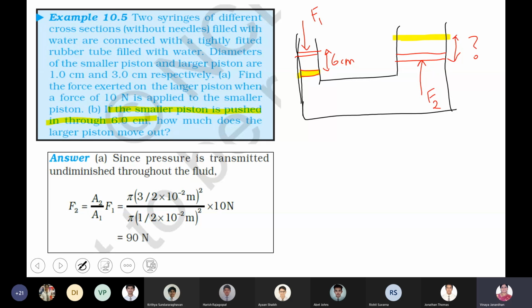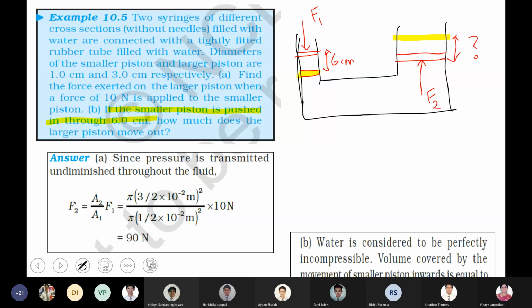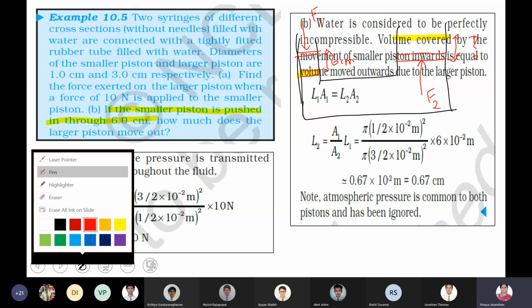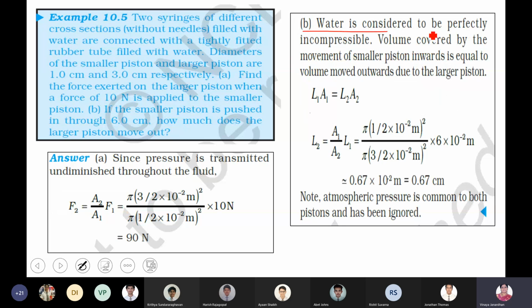Right, boys? Now, what you have to remember is that the volume of the liquid covered by this movement of the smaller piston must be equal to the volume covered by the larger piston. That is a key factor over here. Water is considered to be perfectly incompressible. You cannot compress water.